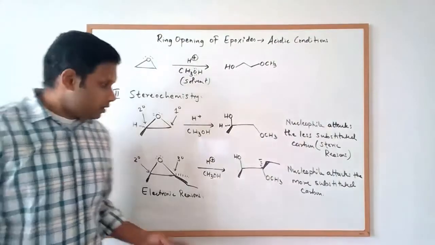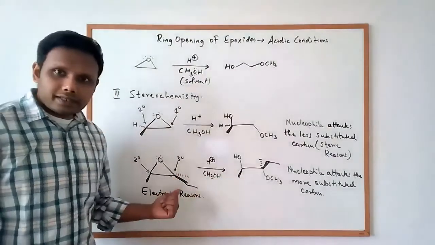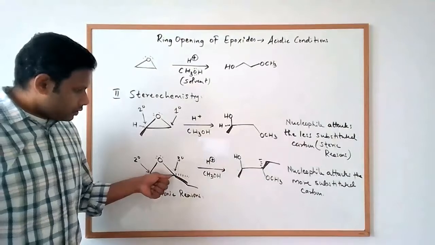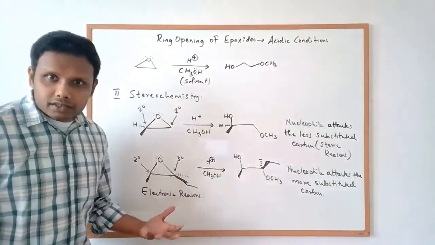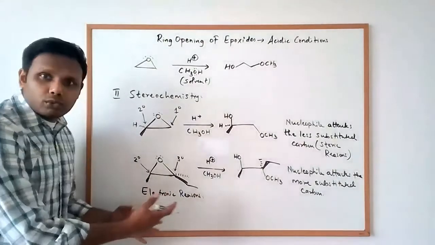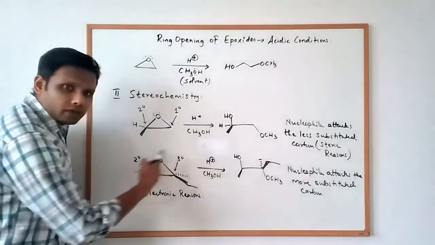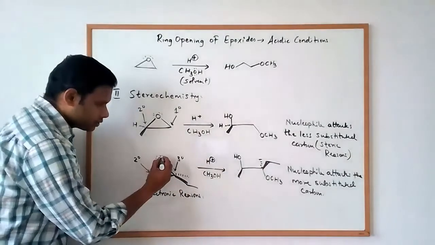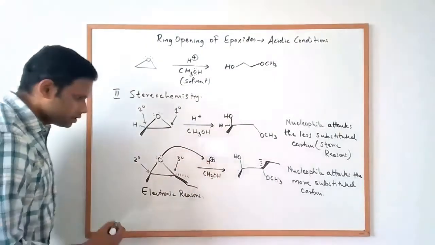To understand the origin of this regiochemistry where the nucleophile attacks the more substituted carbon, we have to go into the mechanism of the reaction a little bit. So the mechanism of this reaction, if I were to write down a couple of steps here, starts with the protonation of the epoxide oxygen. So the epoxide oxygen can get protonated because we are under acidic conditions.